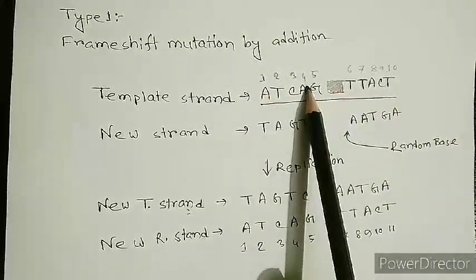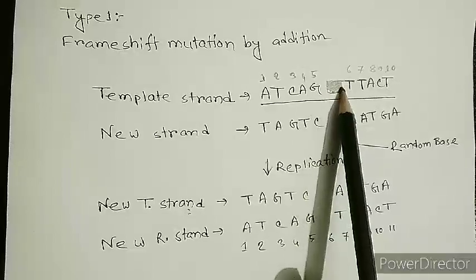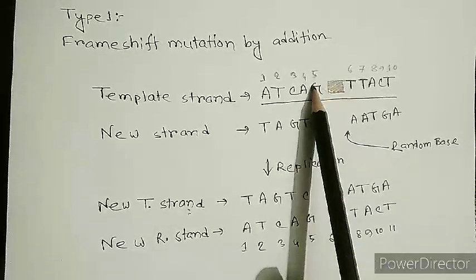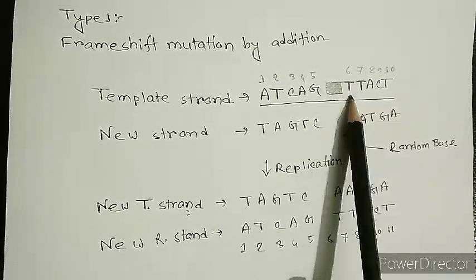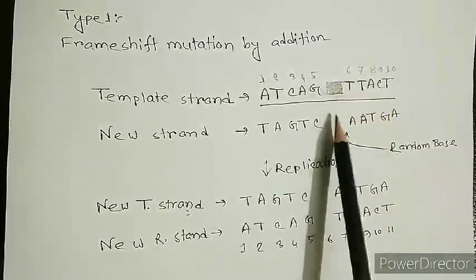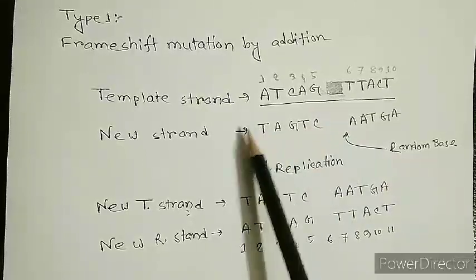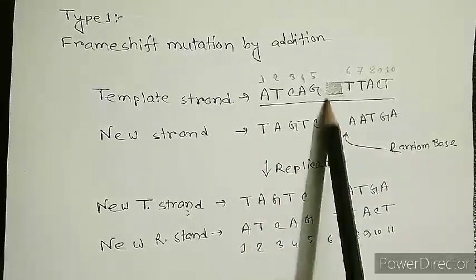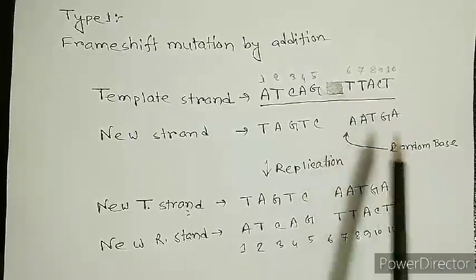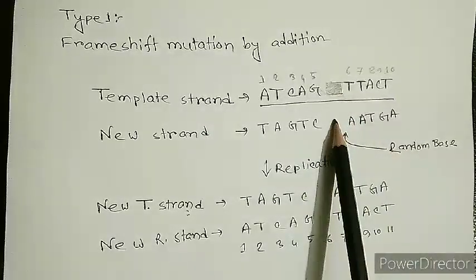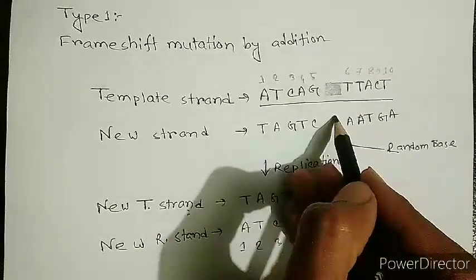When a replication occurs, if this is an intercalating agent that enters in between two bases and causes a distance to occur here, as it is the new strand and this doesn't have any opposite base pair here, it takes a random base inside it. For example, we can say a G.